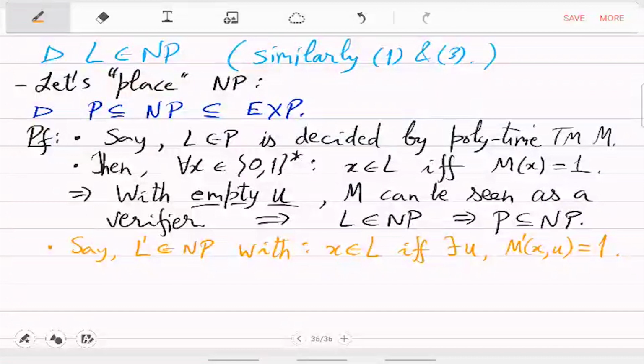So, take a problem in NP, and then for yes strings x, there has to be a certificate verifiable by a fast Turing machine M prime, which is the verifier.